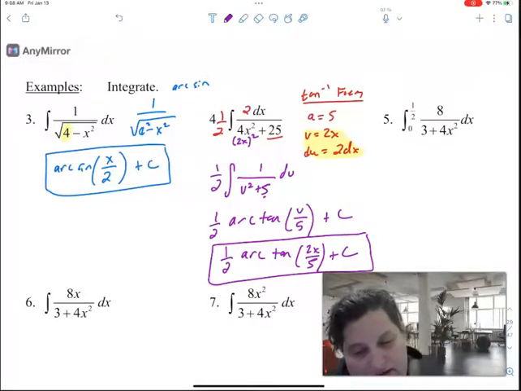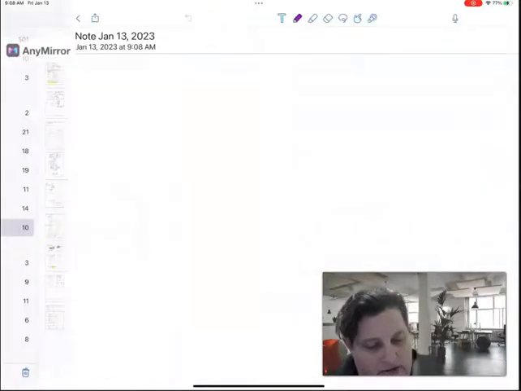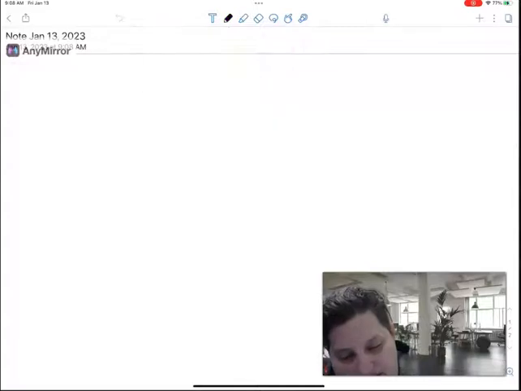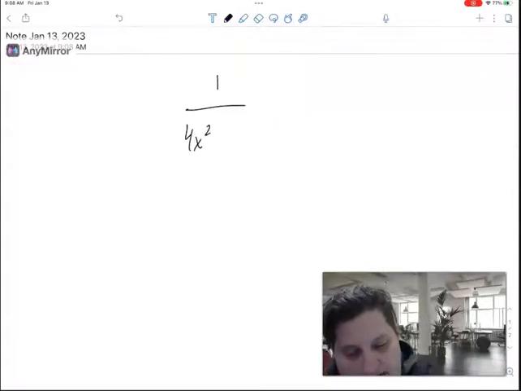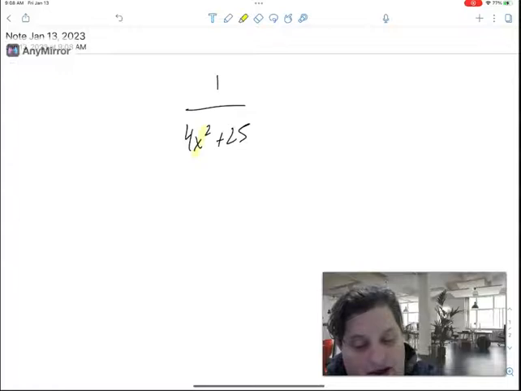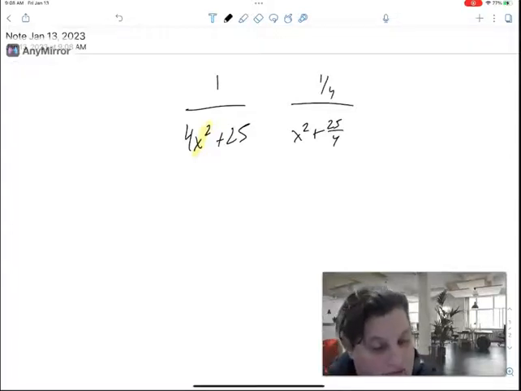Where, for example, let me just show you this real quick. 4x, and I think this might be how I learned it. Anyway, if I've got 4x squared plus 25, I always learned it where that just has to be x squared, so I gotta divide everything on the bottom by 4. So it's x squared, and then it's 25 over 4, but then I also went over 4 to keep it consistent, you know?